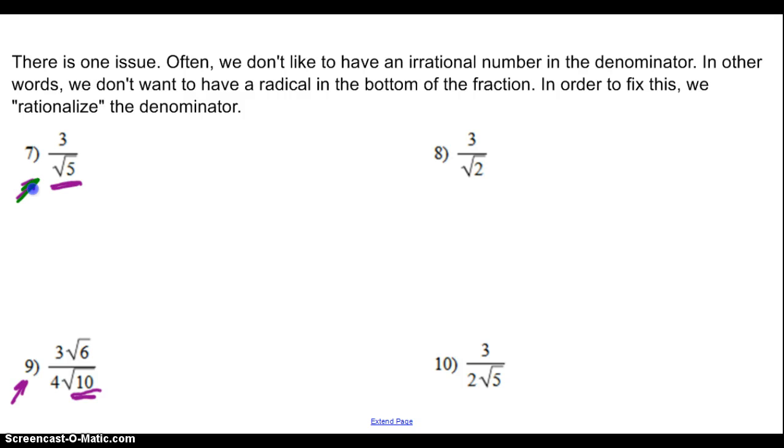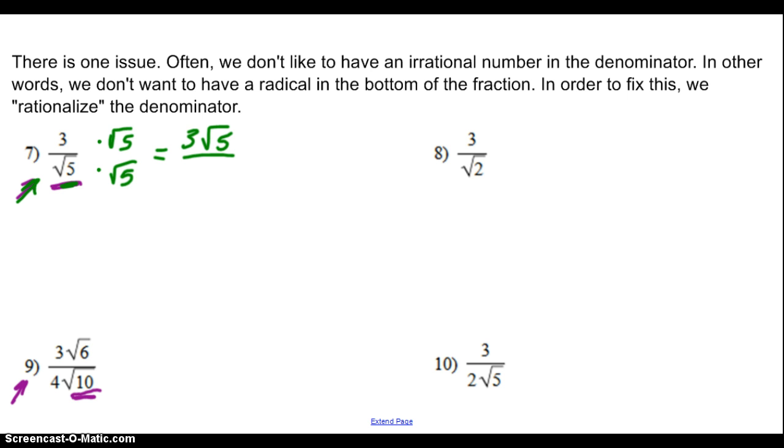Look at number 7 first. Okay? What we're going to do is multiply both the top and the bottom by the square root of 5. We're going to multiply the top and the bottom by this radical in our denominator. Now it's okay that we multiply the top and the bottom by the square root of 5 as long as we multiply both the top and the bottom by the same thing. So we get 3 times the square root of 5 is 3 square root of 5.